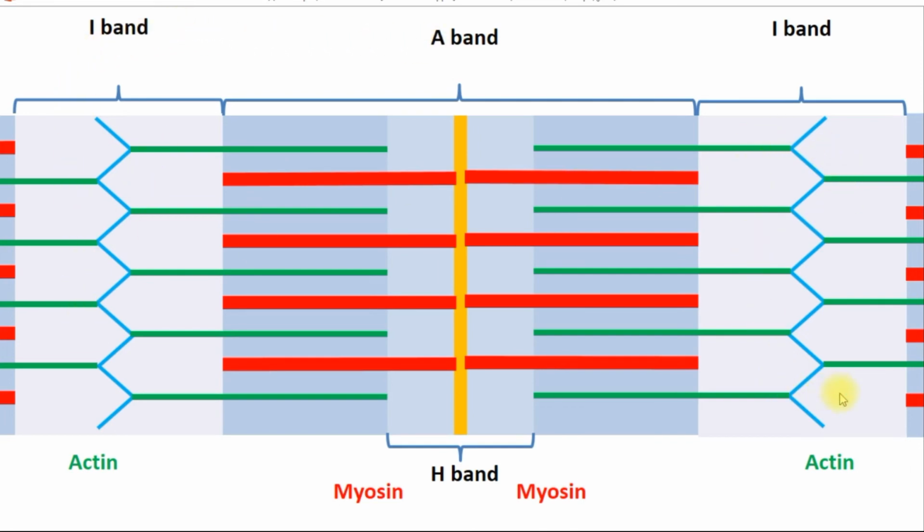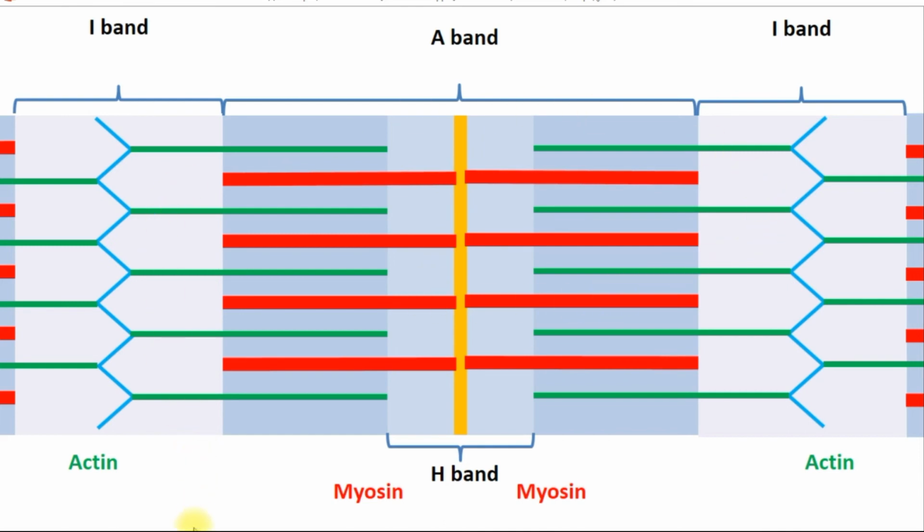I-bands are light, isotropic, because they have actin only. The A-band, the anisotropic band, is dark because it contains myosin, and it's darker where actin and myosin are both present on the lateral sides, and near the midline it has a slightly lighter band. It's called the H-band, where only myosin is present.